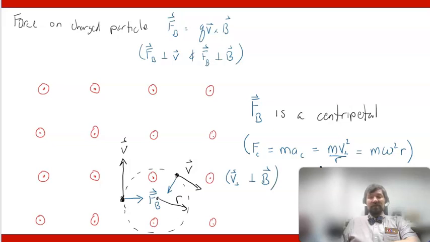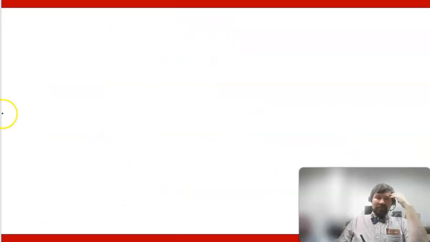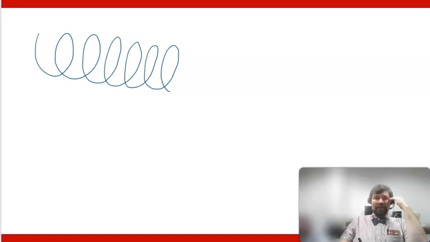And so there may be also a parallel component. The parallel component is unaffected. And in this case, your particle's trajectory will basically be helical. So instead of just being a circle, you'd end up with a helix more or less like this, as the particle is passing through this magnetic field.